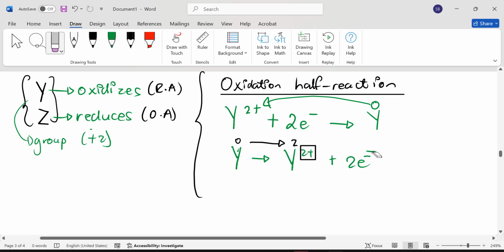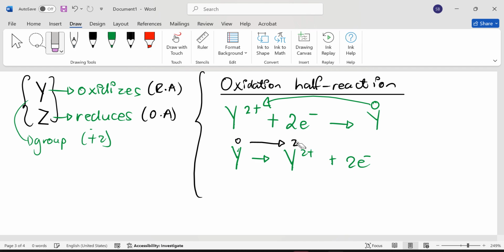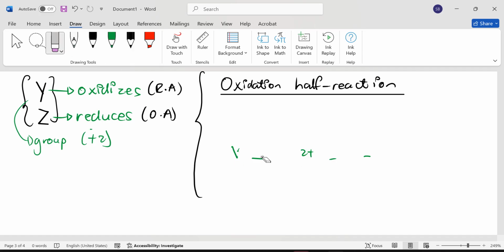So it's lost 2 electrons. So a typical element Y undergoes oxidation and thus makes this equation: Y gives me Y2 plus the number of electrons lost.